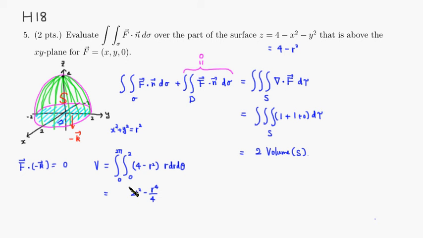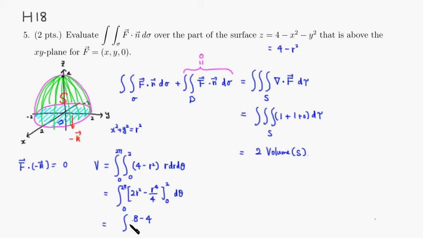Then we go from 0 to 2. Plug in 2: that's 8 minus 16 over 4, which is 4, and plugging in 0 gives 0, so this is 4.